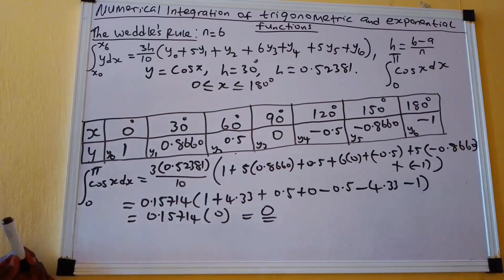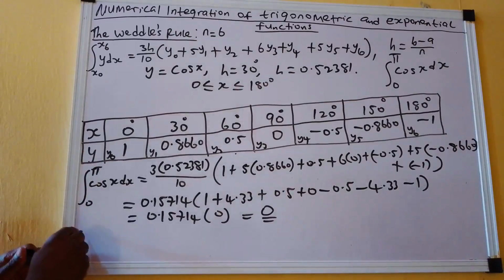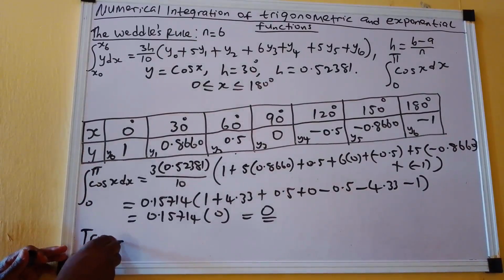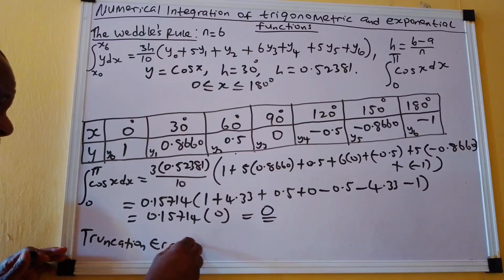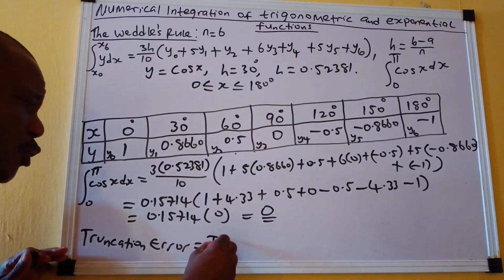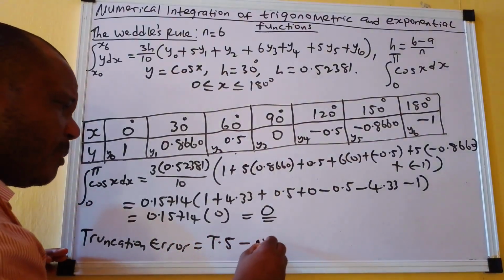So you can see we have successfully used the Weddle's rule to solve this particular problem, and we arrived at 0. So our truncation error, which is very important that we calculate, will be the true solution minus the numerical solution.